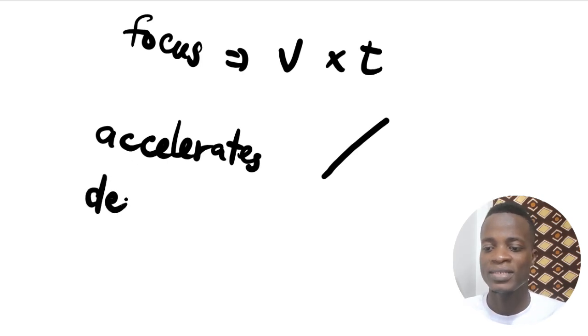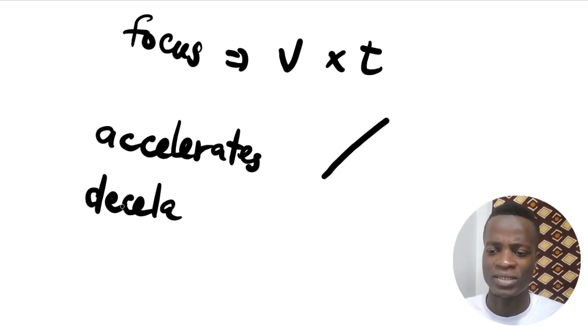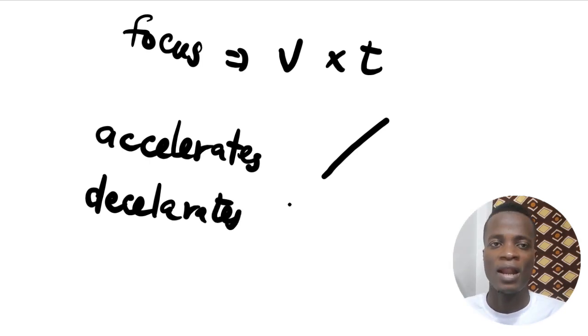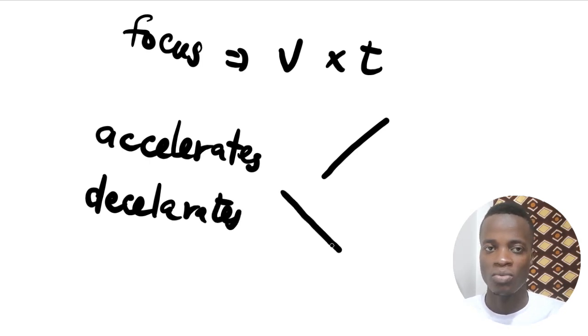When they say the body decelerates, then there will be another slope, but going down, a downward slope.